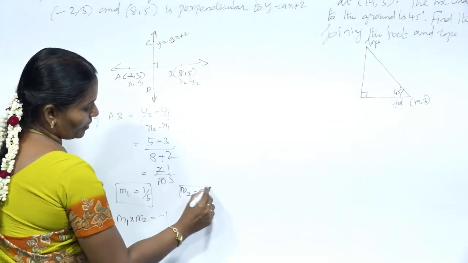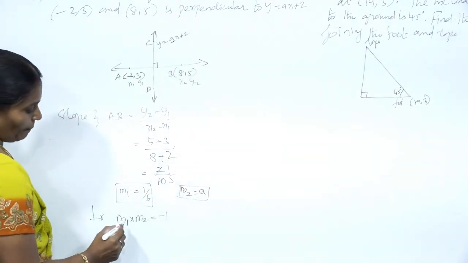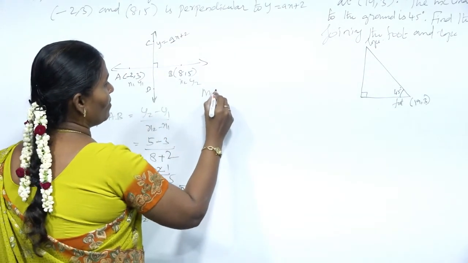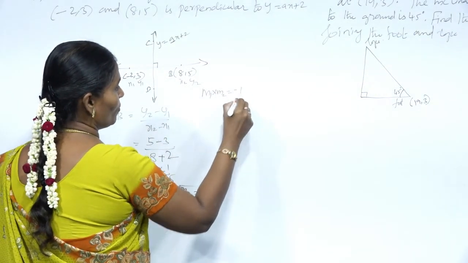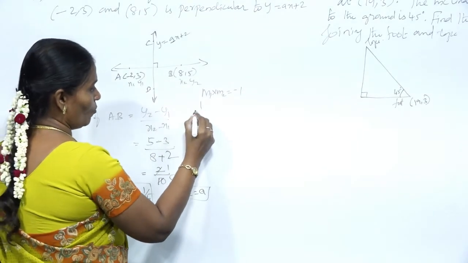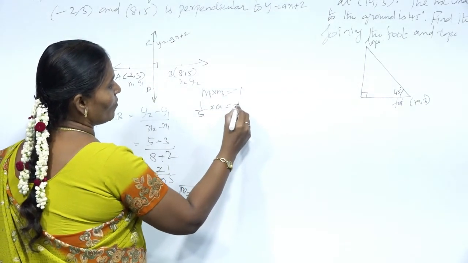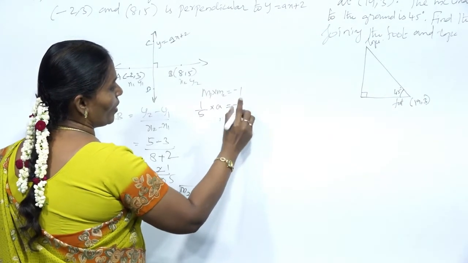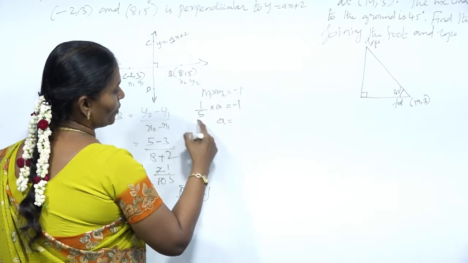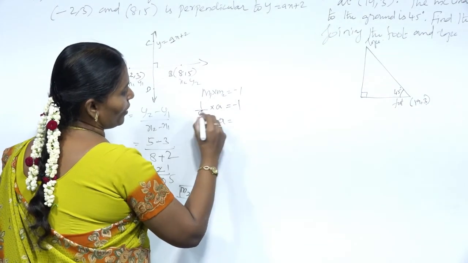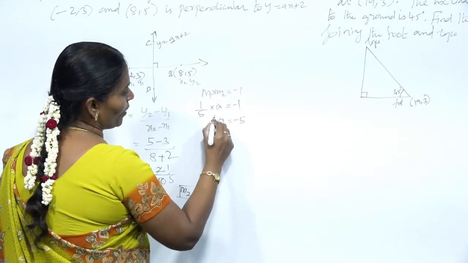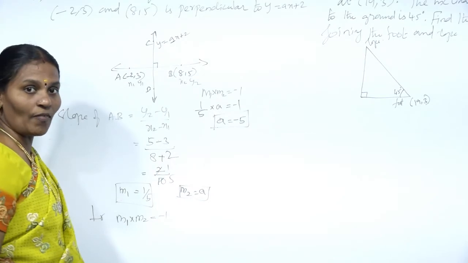Understand children? Okay. Now substitute here m1 multiplied by m2 is equal to minus 1. What is m1? 1 by 5. What is m2? a. This is equal to minus 1. So a is equal to minus 1 into 5, which is minus 5. So the a value is minus 5.